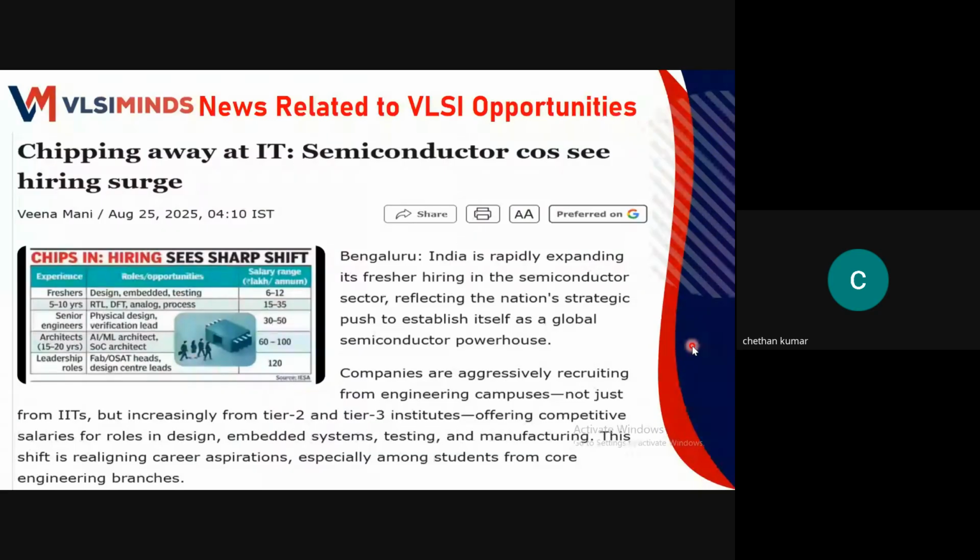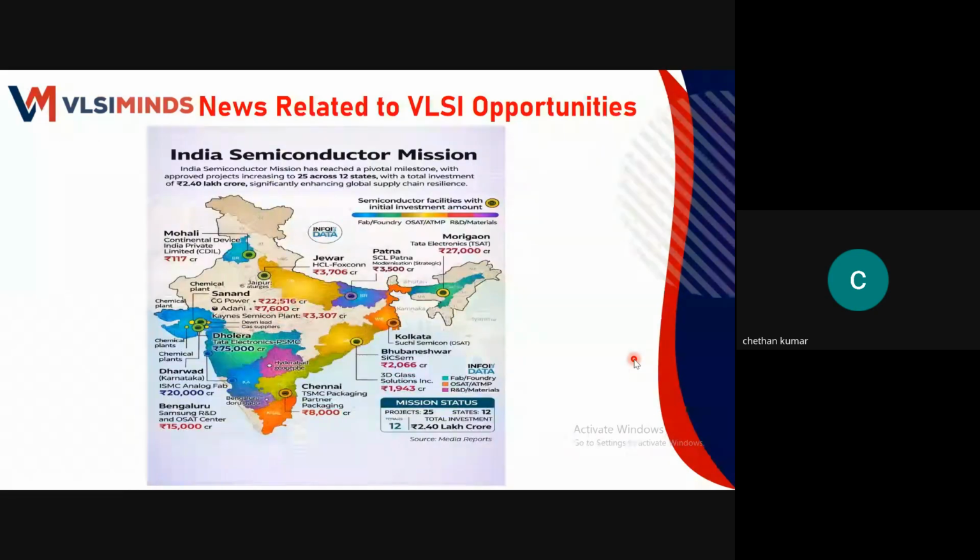In reality, they take from all college levels, but your skill set should match. There are a lot of projects taken up by the Government of India across different states. Some are ongoing, some are in progress.